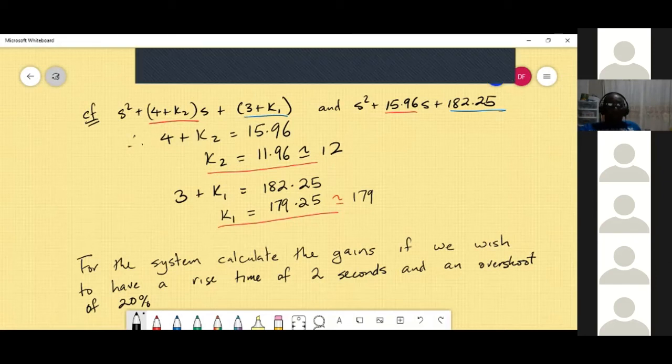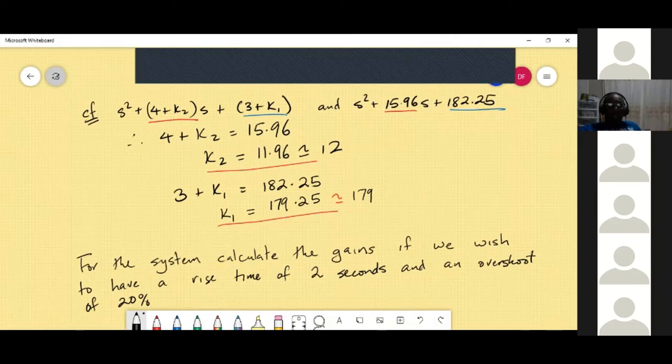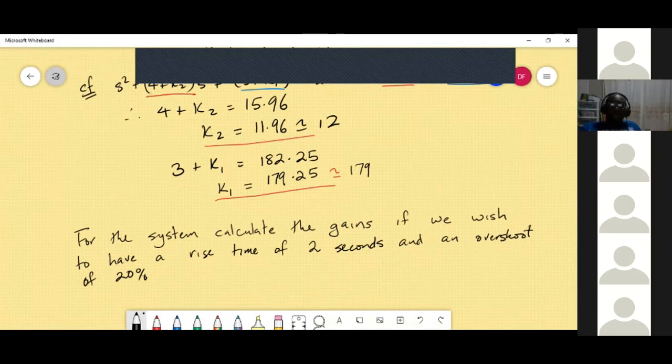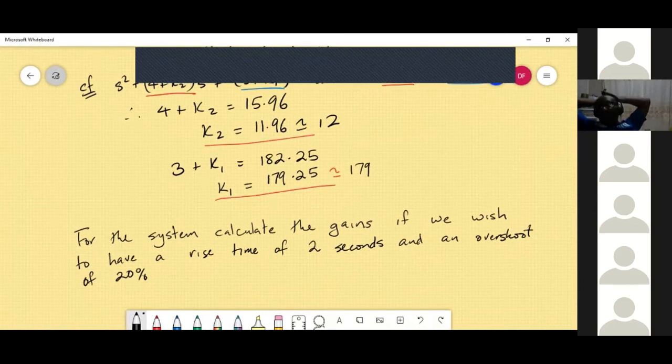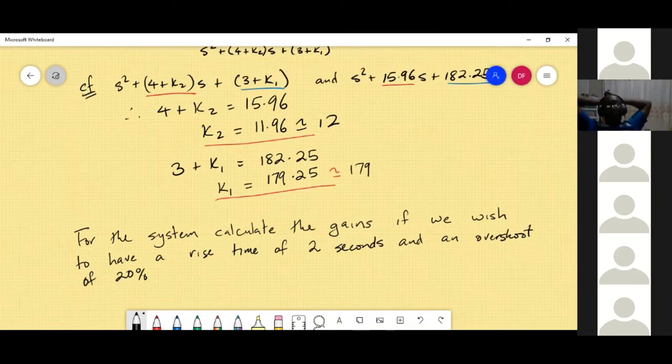We want to calculate these two things, controlling rise time and overshoot again.